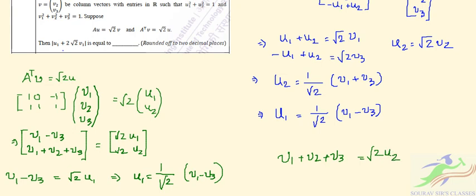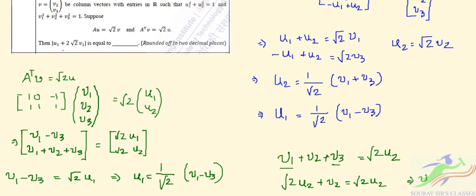Okay. Now V1 plus V3 divided by root 2 will be U2, right? So we can write over here V1 plus V3 is equal to root 2 U2, plus V2 equal to root 2 U2.